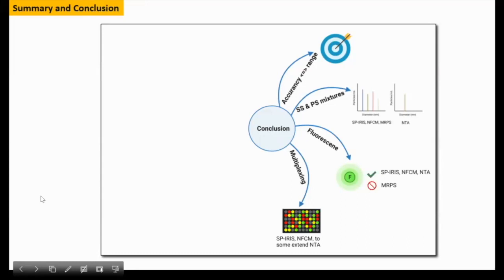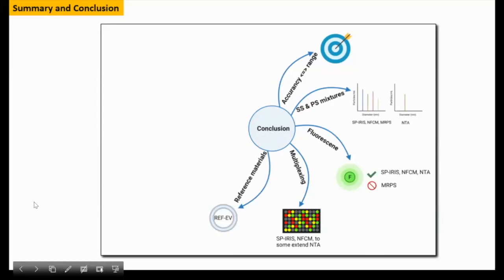Nano-FCM theoretically has multiplexing capabilities that we didn't investigate in this paper, and to some extent, NTA can be used with different lasers. However, this requires switching filters, and it may be challenging to follow or track the same particles in different channels.